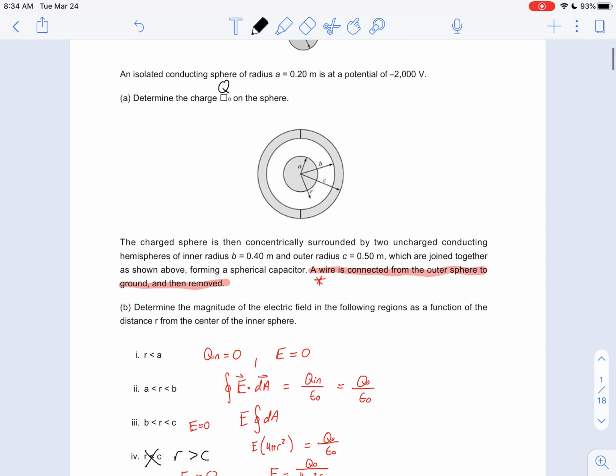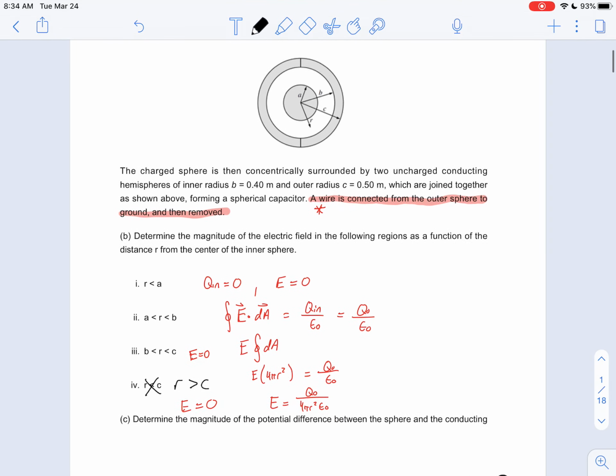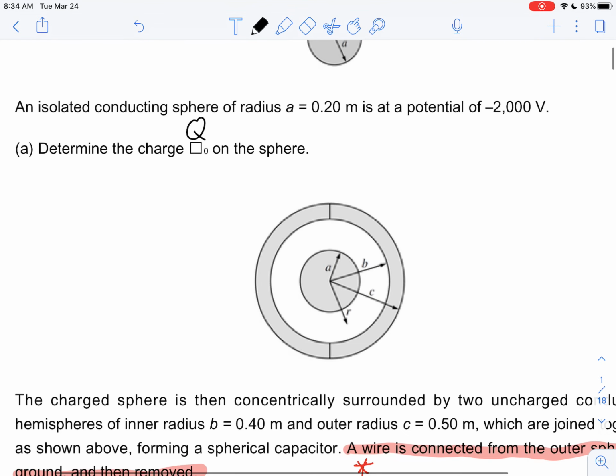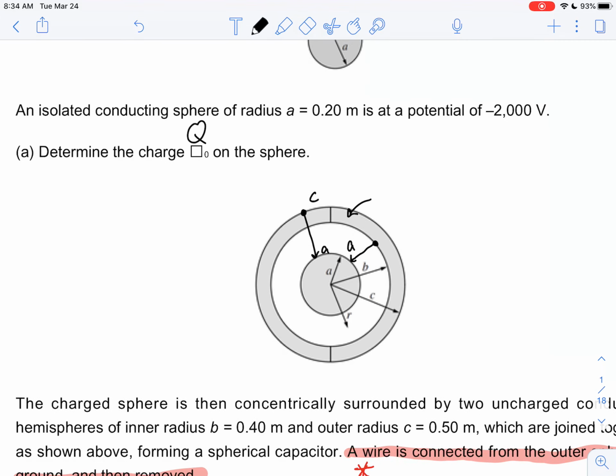When we find delta V, they say the potential difference between the sphere and the conducting shell. Finding the potential difference from this point, so at C going down to A, is going to be the same as if you found it from B going to A. And the reason is because we know the electric field is 0 in that region.